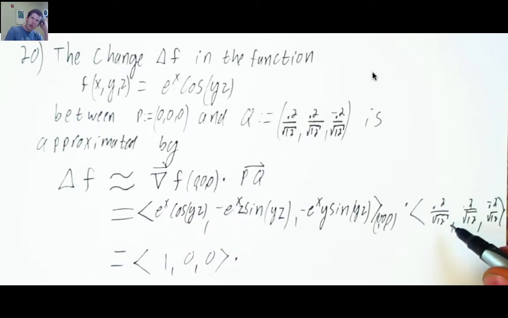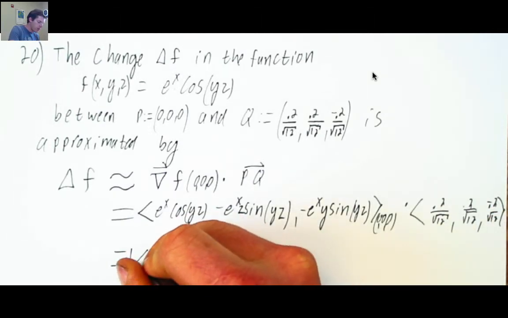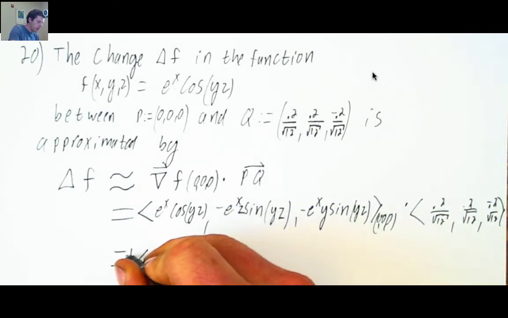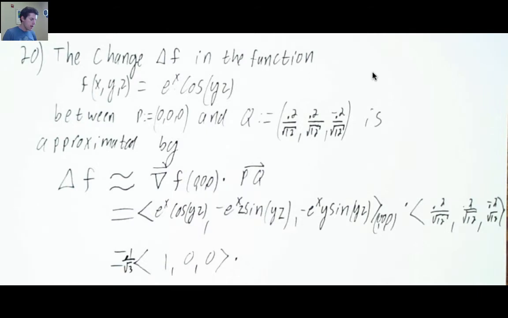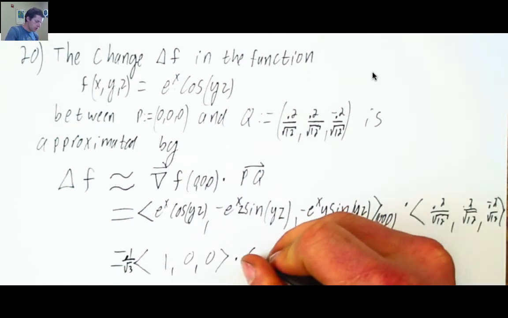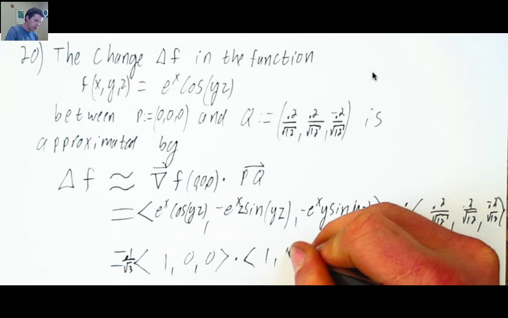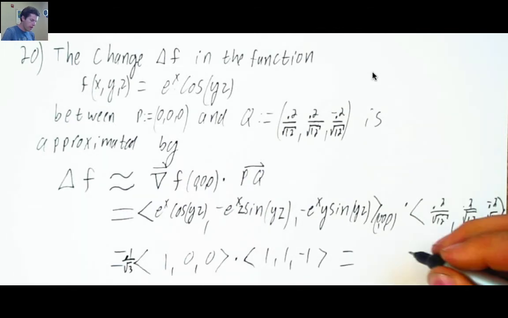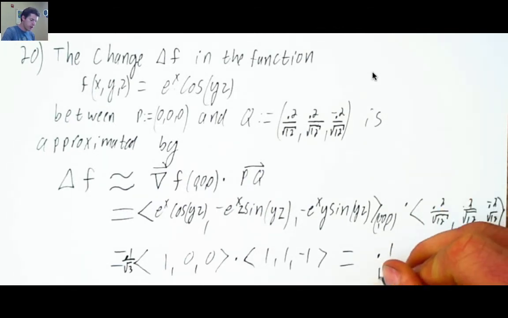Hey, wait a minute. 12 is 4 times 3, so I could factor out a 4 from all those 12s. And the square root of 4 is 2, so I could cancel a 2 up there. That is 0.1 over the square root of 3. 0.2 over square root of 12 is 0.1 over square root of 3. So let me keep that point right there. And dotted with (1, 1, -1), which is, oh well, okay, the second two components go away, and this is 0.1 over the square root of 3.